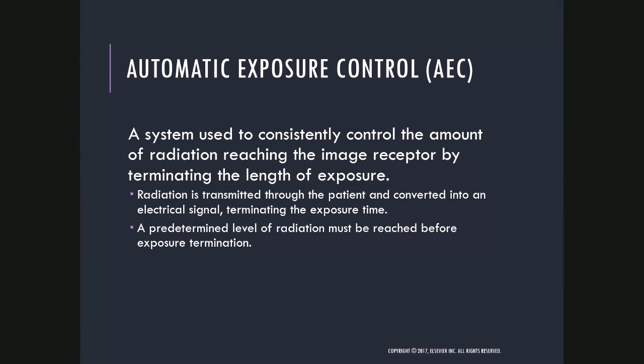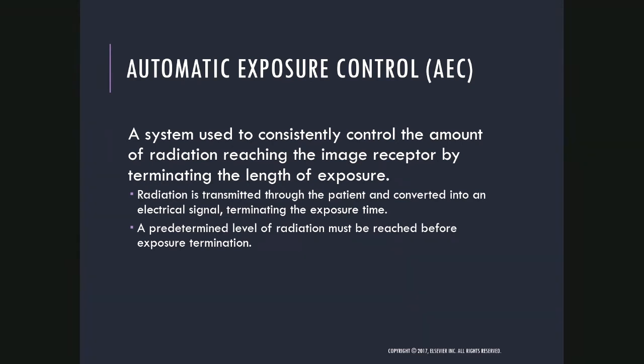So when you get enough radiation to the AEC detector, the detector sends a signal that says, hey, we don't need this anymore. That opens the circuit, and it takes that pushing power from the KVP away. So there's no electrons getting pushed to the other side of the X-ray tube anymore. If there's no electrons going to the other side of the X-ray tube, then there's no X-rays being produced. So that's what's happening on the back side of AEC.